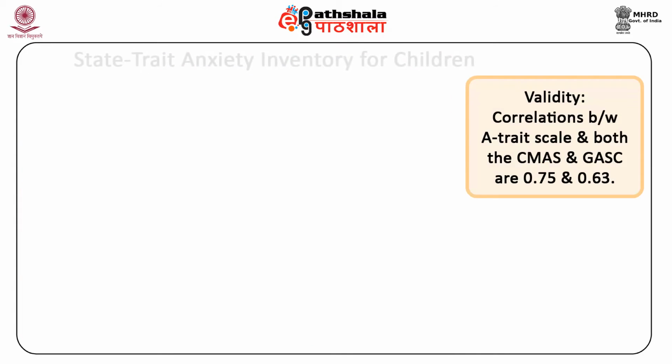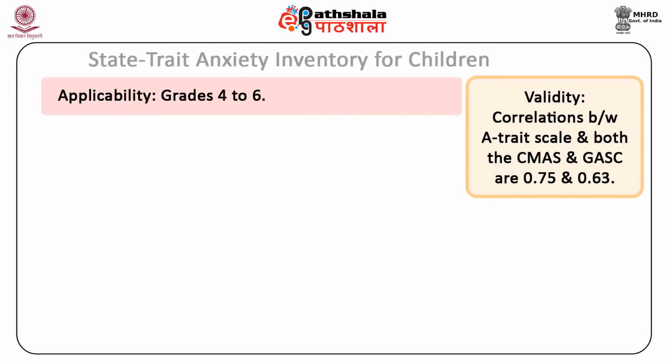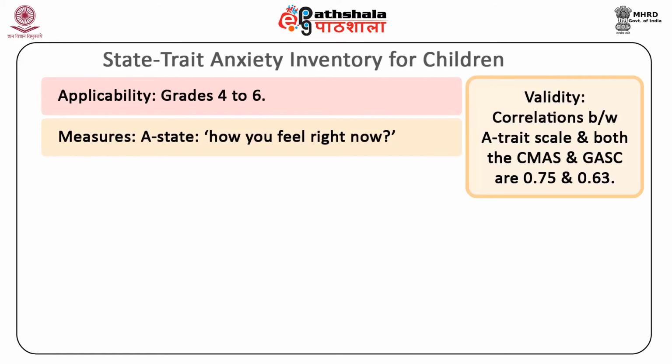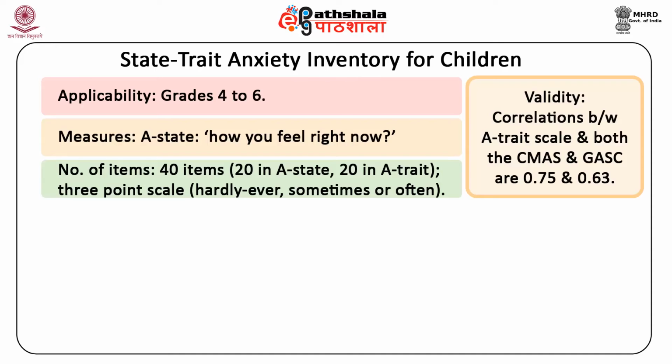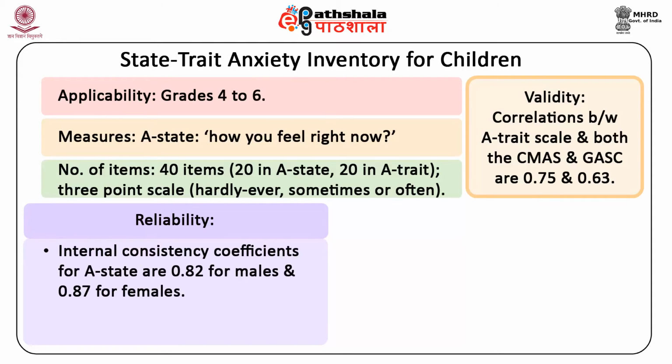State Trait Anxiety Inventory for Children. Applicability: grades 4 to 6. Measures a state, how you feel right now. Number of items: 40 items, 3-point scale. Reliability: internal consistency coefficients for A-state are 0.82 for males and 0.87 for females.